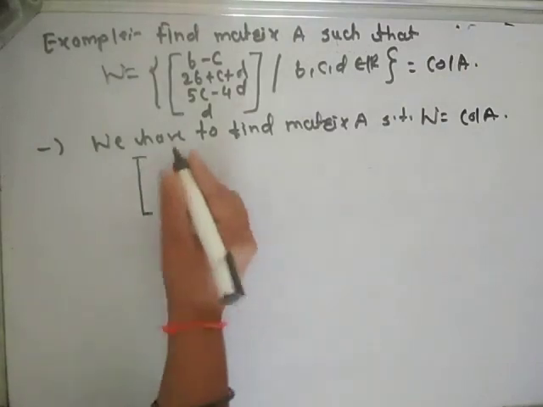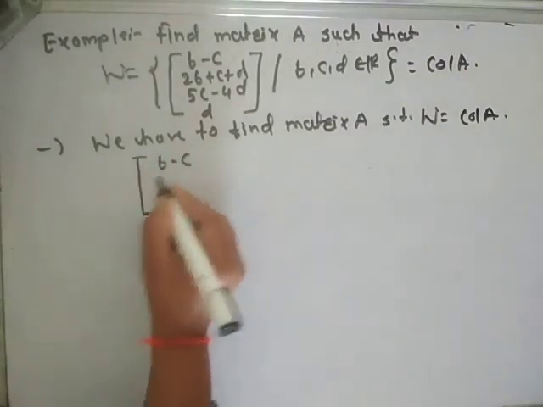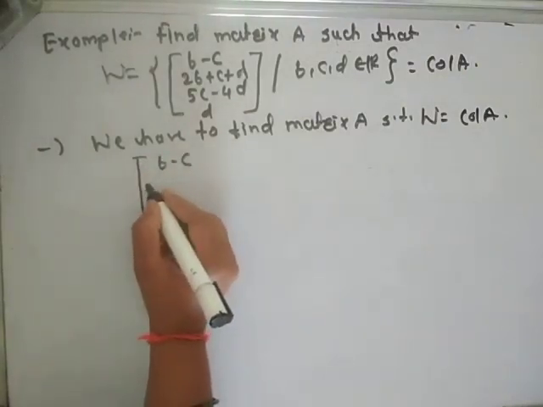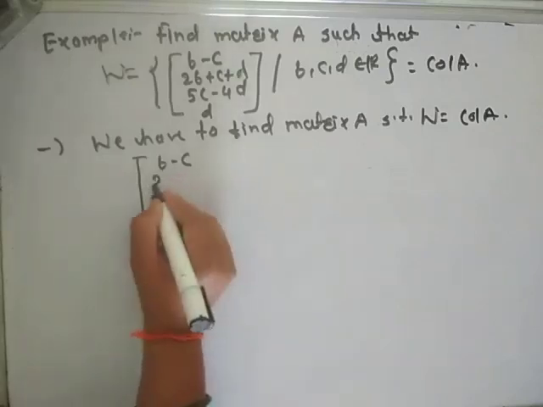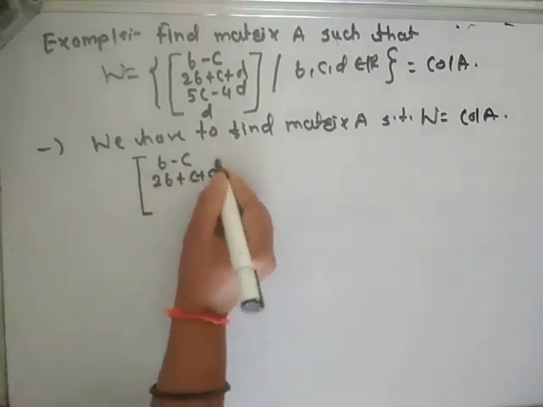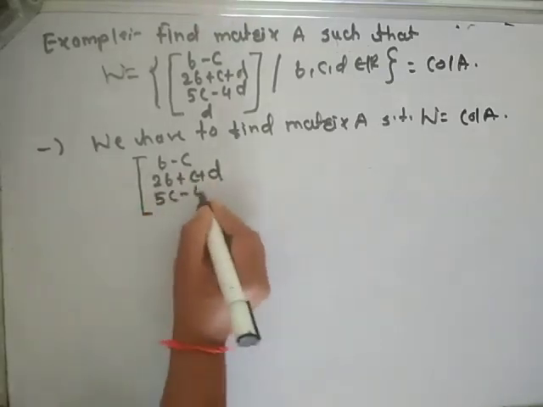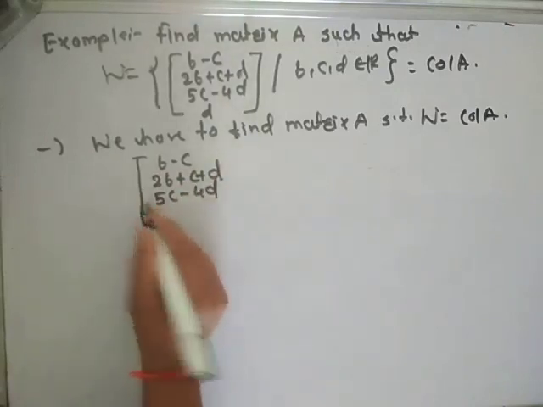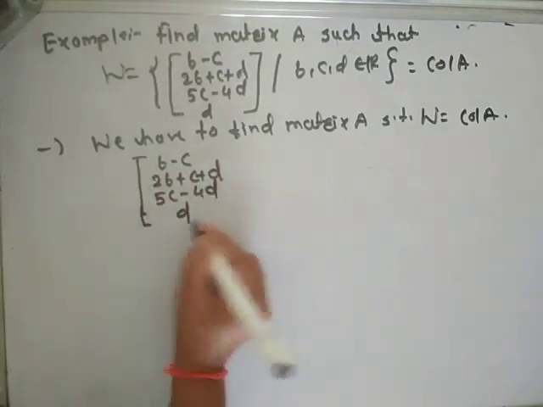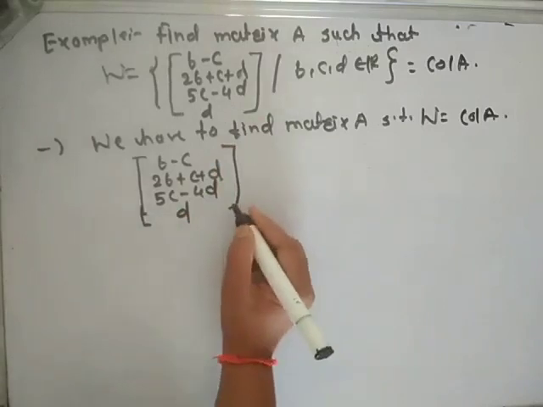In W, the matrix is of the form (B minus C, 2B plus C plus D, 5C minus 4D, D).